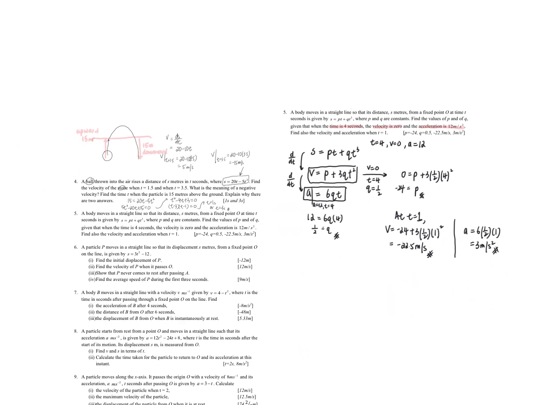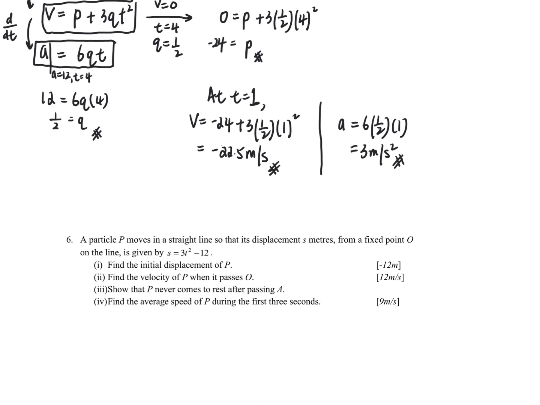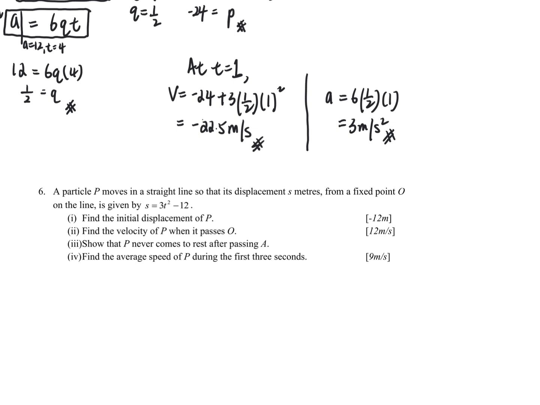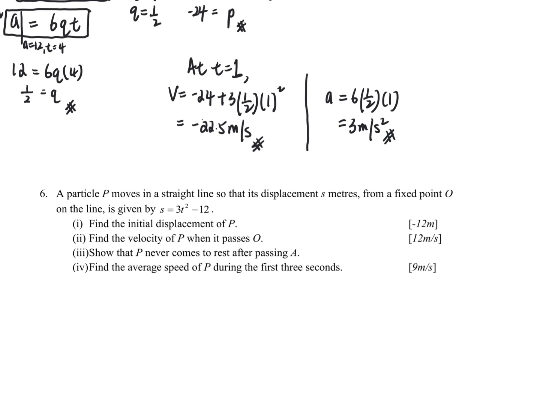Okay, let's look at 6. There are some keywords that I haven't explored with you yet, but it's not totally new to you. Okay, this one. Again, same thing is displacement, but they say initial displacement. What does it mean? When you see initial, t is 0. So this one you all need to know.